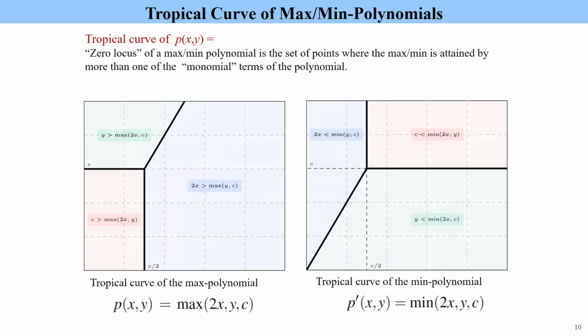And you see an example here on the left of a max tropical polynomial, a two-dimensional one. You see in black the tropical curve. And on the right, you see the same type of object, but for the min-plus, the dual, min-plus tropical polynomial.